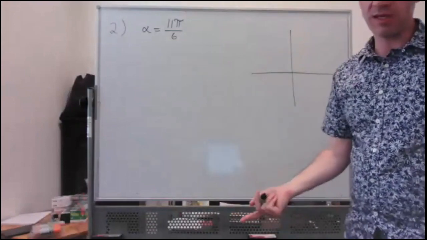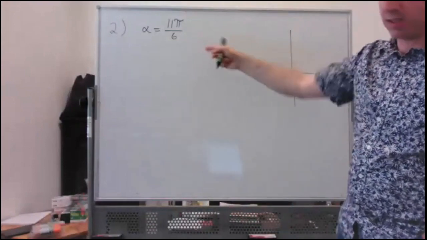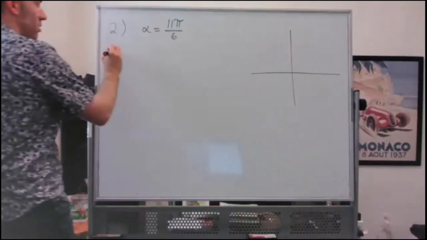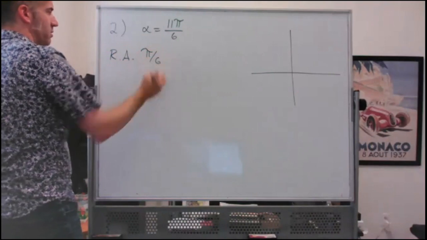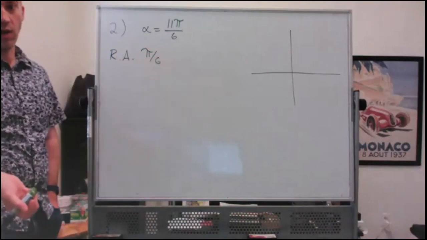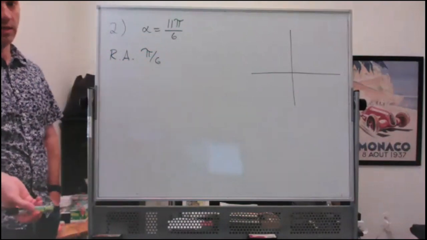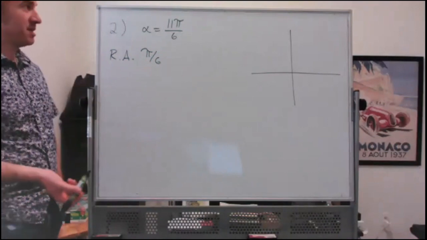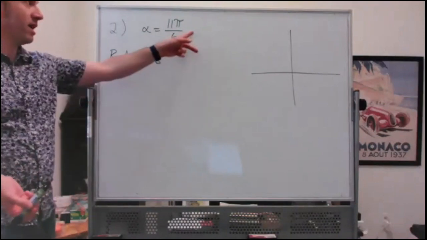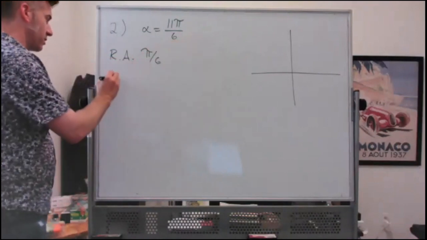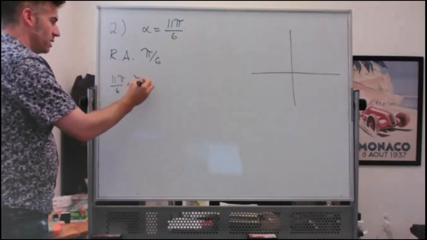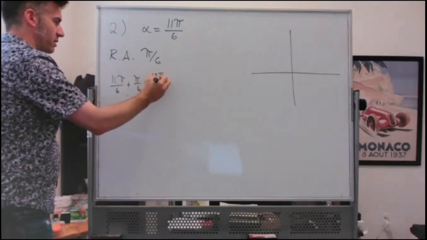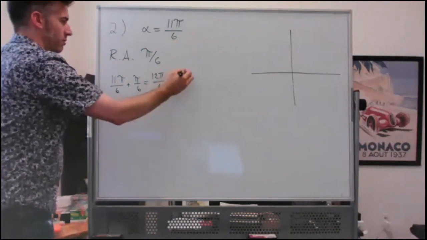We know a couple of things just by seeing it's 11 pi over 6. We already know the reference angle is pi over 6. Right? We are 1 pi over 6 away from either pi or 2 pi. Specifically from 2 pi. Right? 11 pi over 6 plus pi over 6 is equal to 12 pi over 6, which is 2 pi.